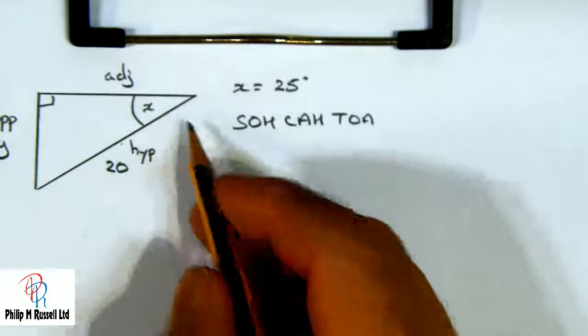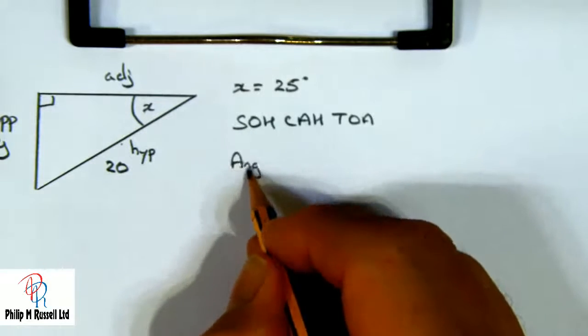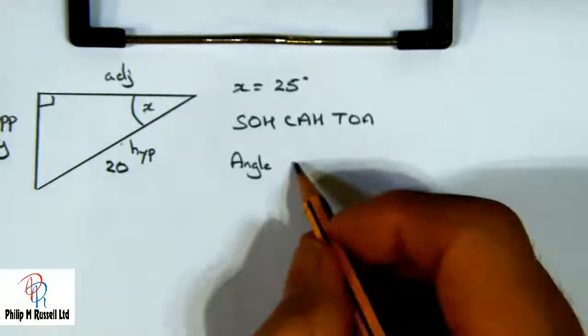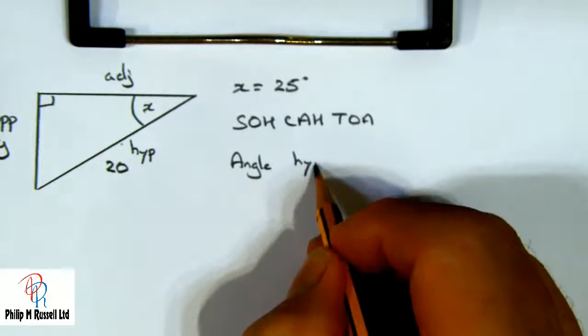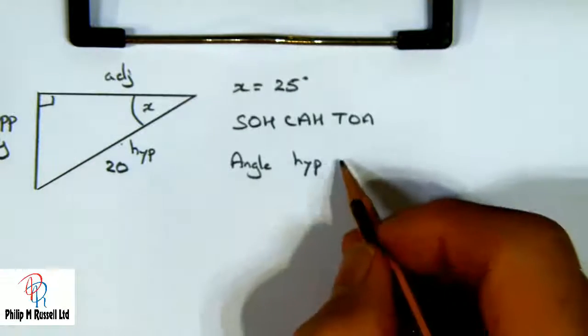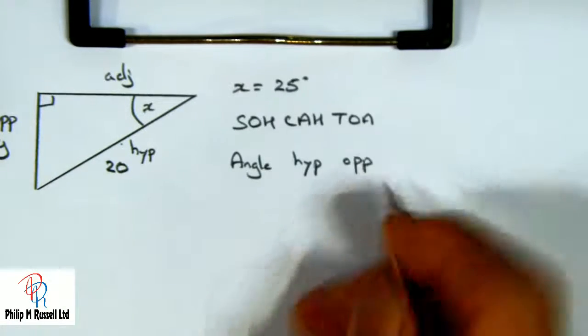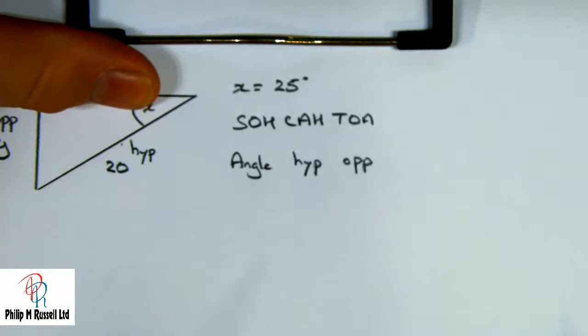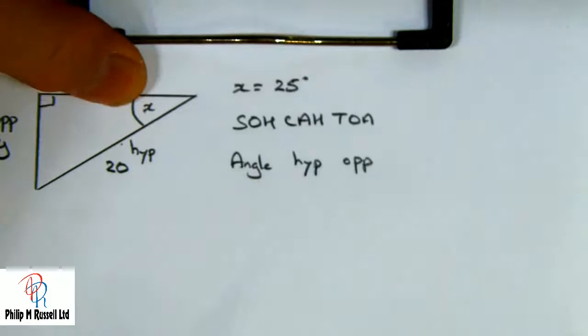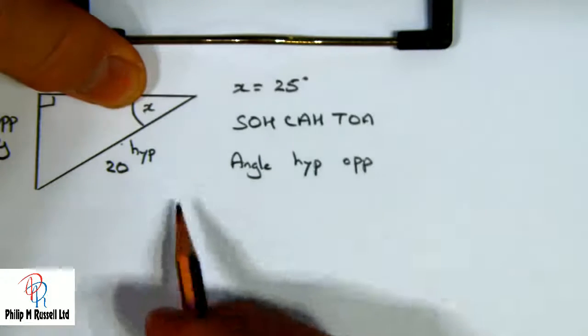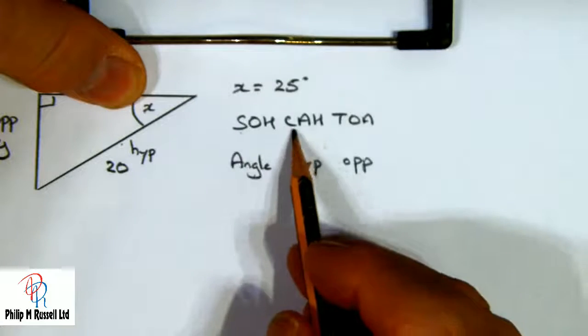So we've got the angle, we've got the hypotenuse, and we need to find the opposite. So our adjacent we don't want. We're not interested in that one this time. So I've got an angle, sine, cos or tan.